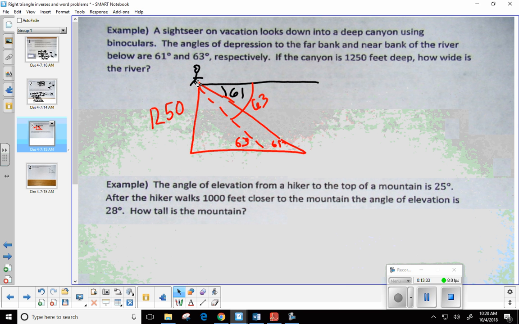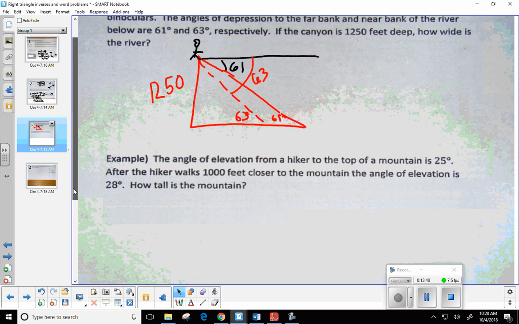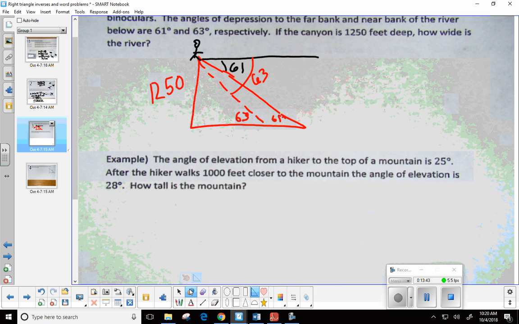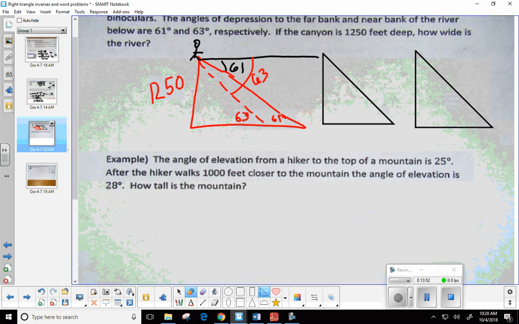And so just to solve this, y'all can see from here you have two different triangles. You can draw them to separate it. So we have one triangle, two triangle. And so let's label it. We said that there's the 63 right here, and then we have 61 right here, and then here's our right angle.